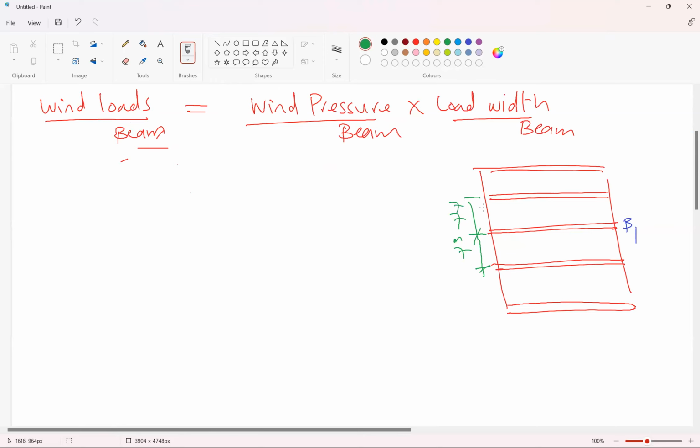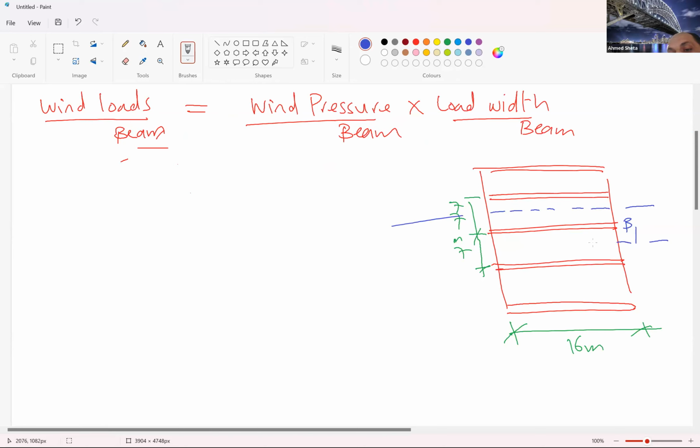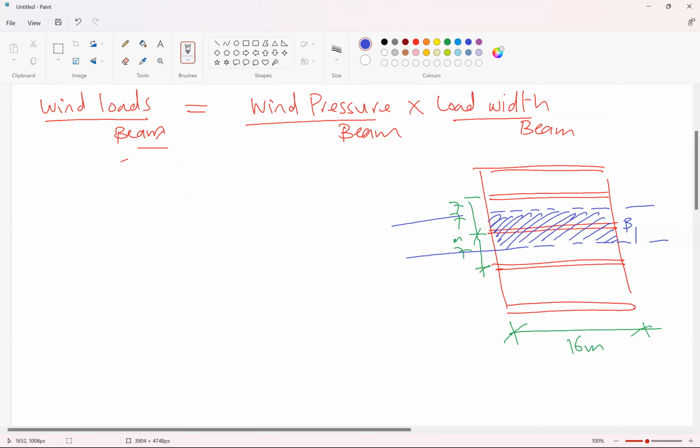Thanks, Nasser. So if we take the load width, half from the top and half from the bottom, this is the load width of B1, which is 7 meters. So for example, as we mentioned here, the pressure was, say, 4.3 and the load width was 7 meters.